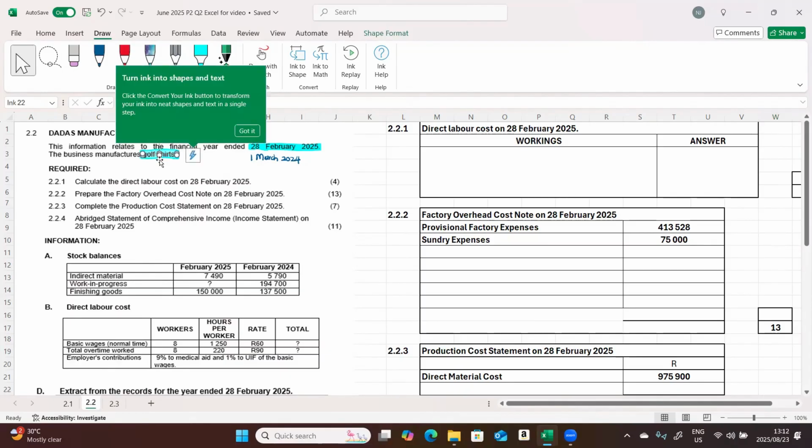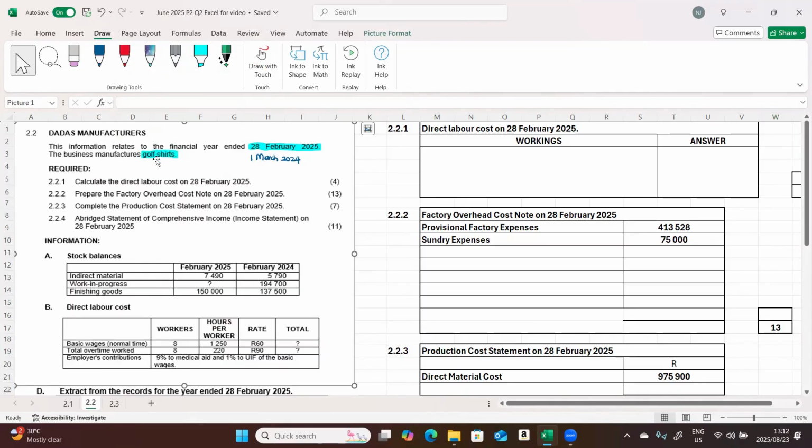So that is why you have to know what the business is manufacturing, so that you can identify specific direct materials. Golf shirts required. Let's read through everything so that we then know where our information fits.